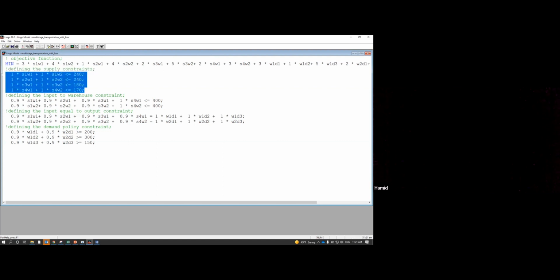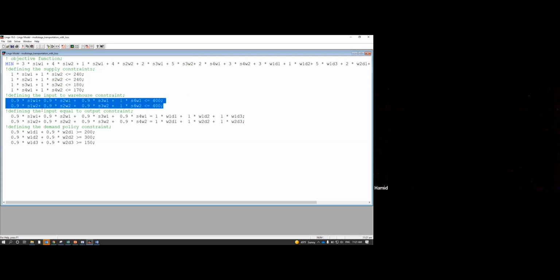The supply constraint is intact too, because at the supply points you haven't sent anything yet, so you don't need to consider the loss coefficient. Still, at the origin, whatever you send shouldn't be more than the capacity of each supply point. But if you look at the warehouse constraint, I have 0.9 times the supply from the first supply to the first warehouse, the second supply to the first warehouse, and the third and fourth supply points to the warehouse.